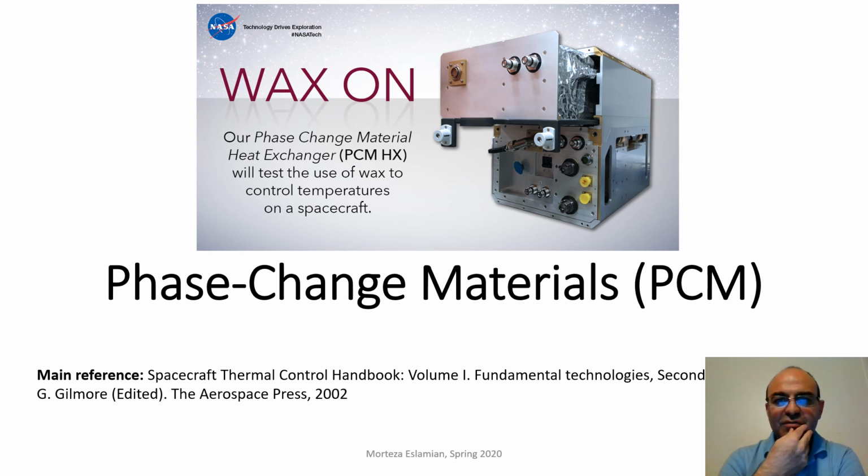Therefore it's used for space suits where a uniform temperature is needed. The reference for this part is mainly reference 1, the Spacecraft Thermal Control Handbook. The previous section came from various sources for the thermal switch, and this part mainly comes from the Spacecraft Thermal Control Handbook.